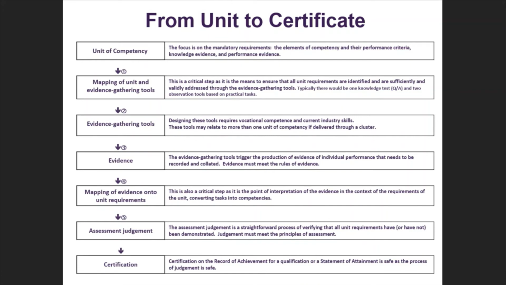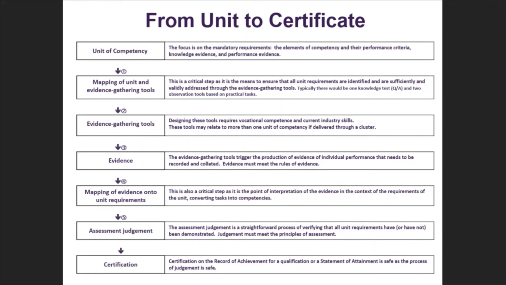And then you can look down the columns for each evidence gathering tool and say, what is this tool measuring? What is this tool gathering evidence about? And you can see that by an analysis of that, you can get to understand how the process of gathering evidence relates to and is consistent with the requirements of the unit of competency.